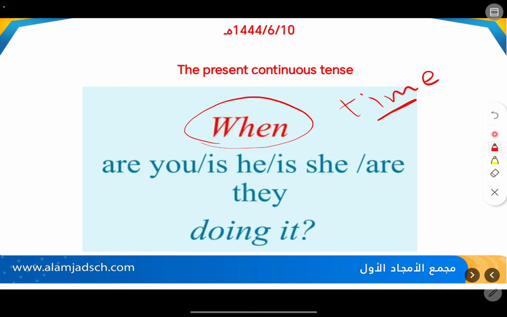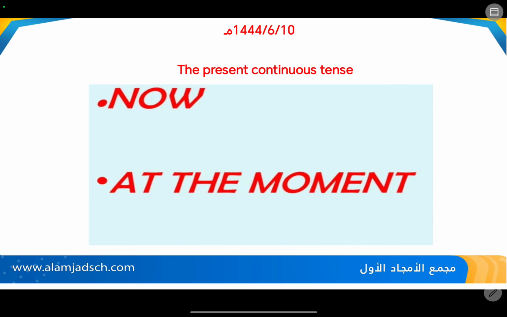So the question will be, when are you doing it? Or when is he, is she, or are they doing it? Here we will not answer using yes or no. At this time we will answer using the time. For example, I'm doing it at the moment, or just right now, or anything like that. Okay, let's move to the next page.